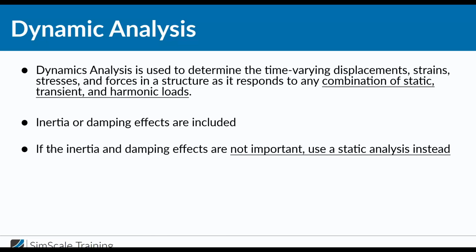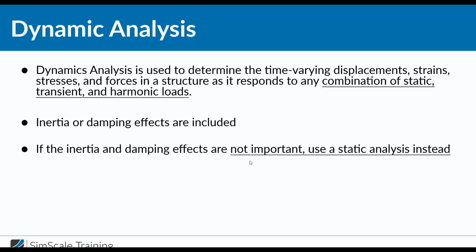That's also a very good rule of thumb if you are not sure whether you should do a dynamic or static analysis. If you can't neglect inertia and damping effects, if they are important, you need to use a dynamic analysis. If they are not important, you can use a static analysis instead.